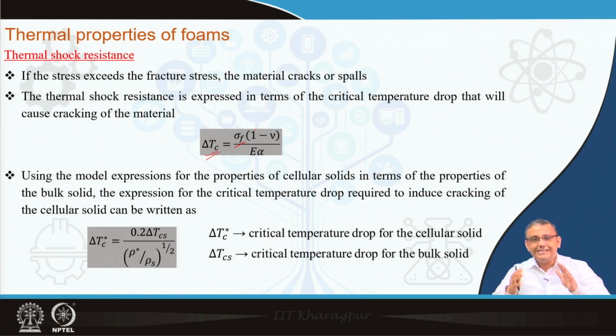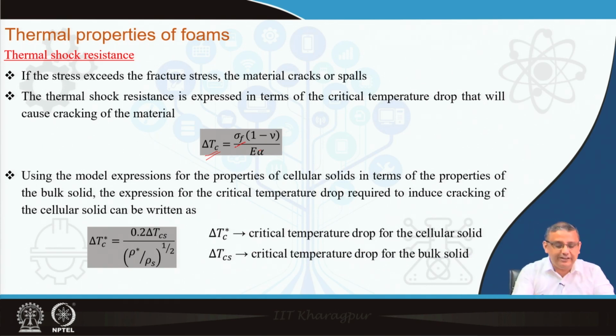So, this is the typical concept of thermal shock damage evolution for bulk materials. Now, if we have to transmit this knowledge to porous materials, what we can simply do is use the typical expressions for sigma f and E for porous materials, because we already learned that there have been relations proposed by Gibson and Ashby, where the sigma f or the modulus of the porous materials correlates to the property of the bulk material via the relative density.